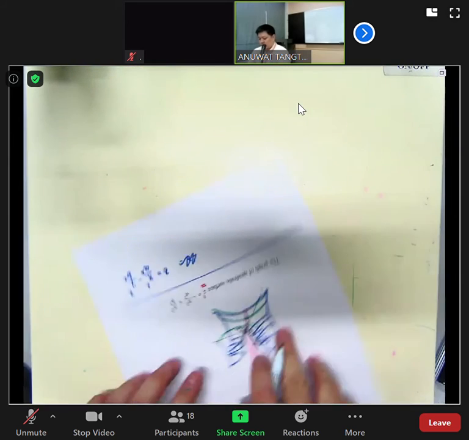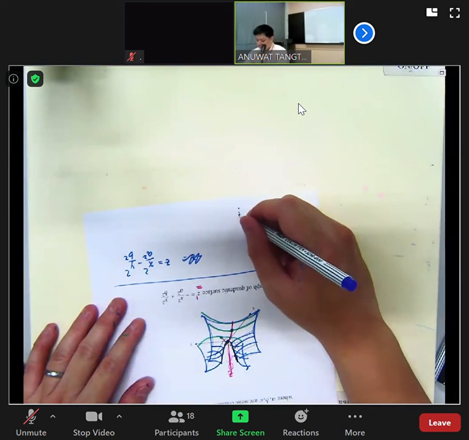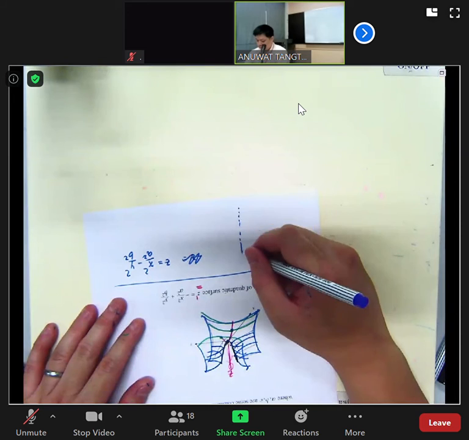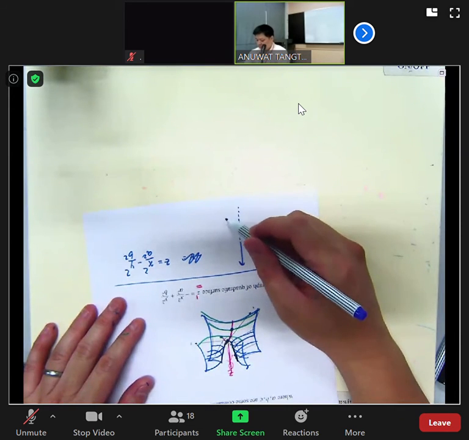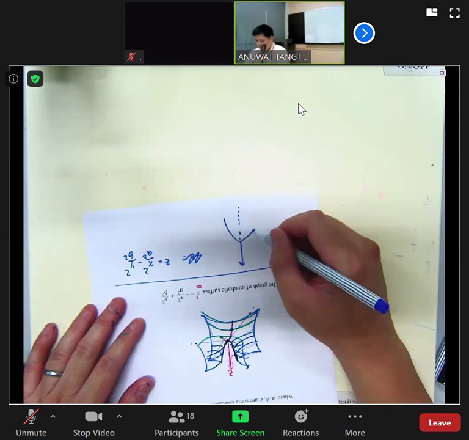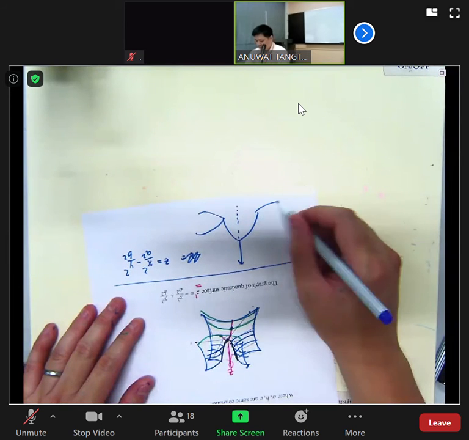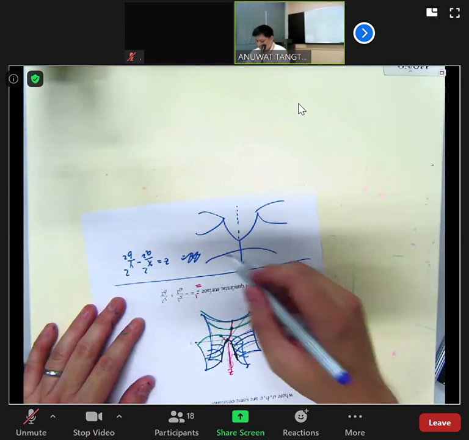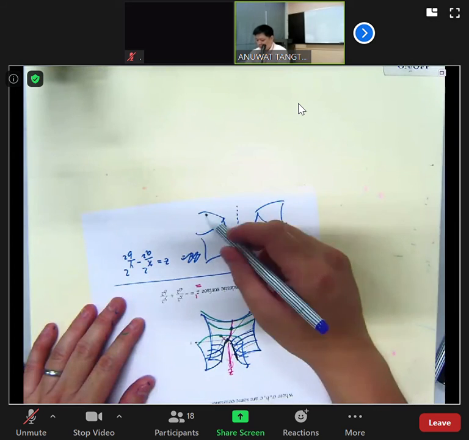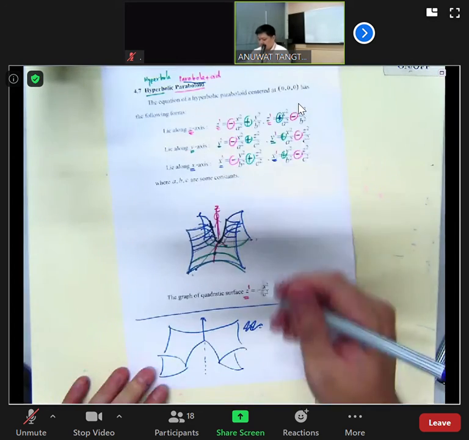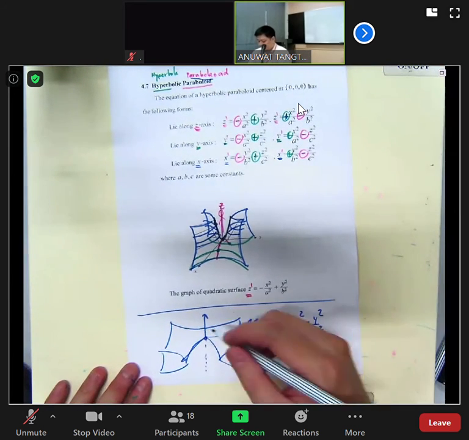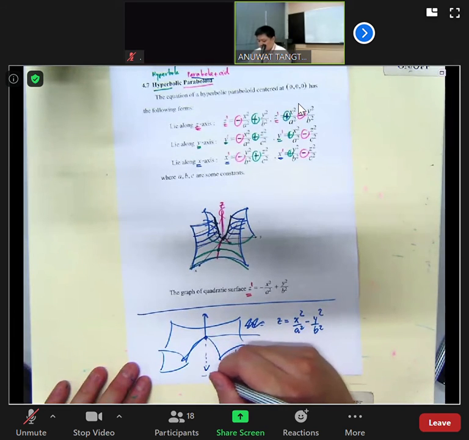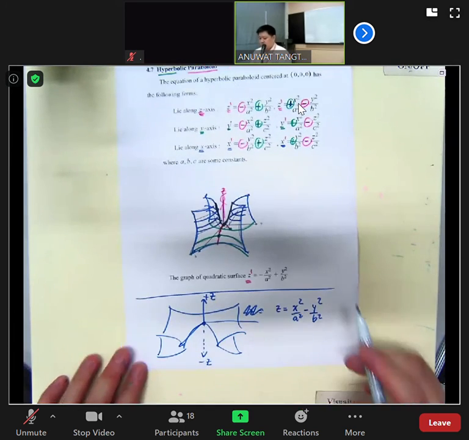So the shape of the graph would be like this instead. So this is negative z, this is positive z.